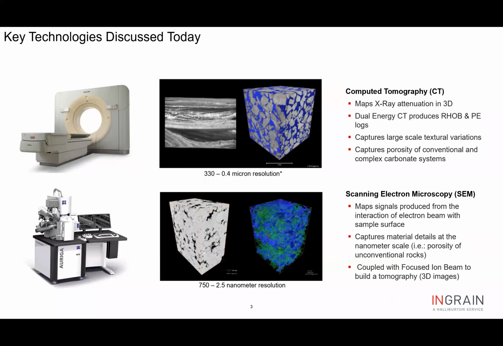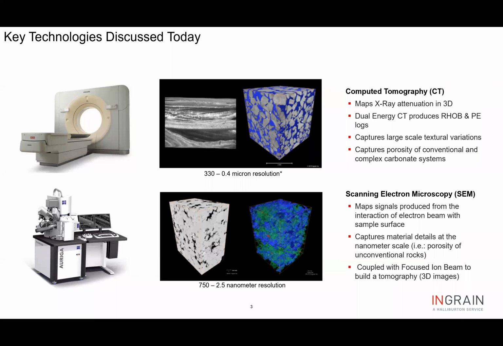The CT is nothing but an X-ray, and depending on the different rock properties, this X-ray gets attenuated, and from that property you can capture the heterogeneity of the rock and its characteristics as well.